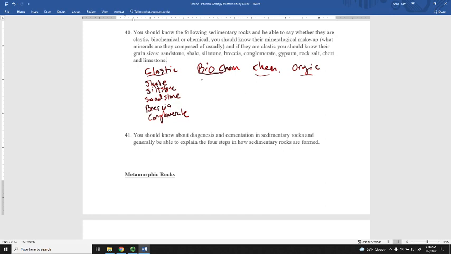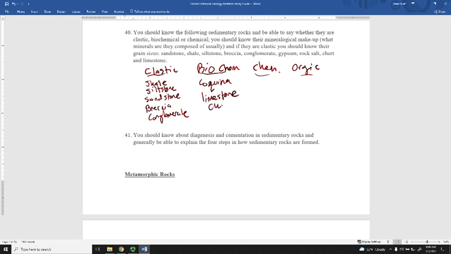Biochemical rocks are made of, like I said, shells and tests of microorganisms. They're basically created by life, the material generated by marine life, okay? So for biochemical rocks, we have things like coquina and any of the limestones. If there's any limestone, it's a biochemical rock.